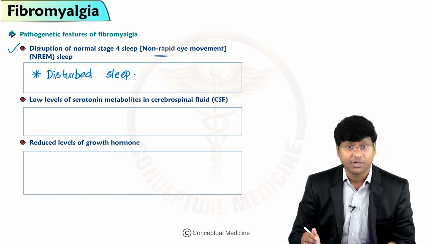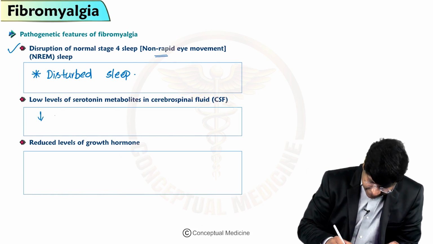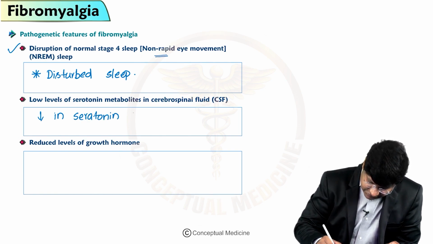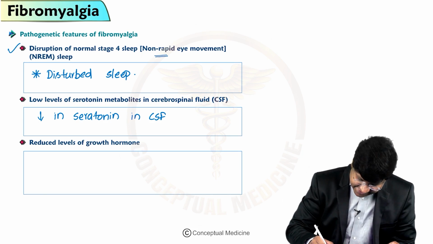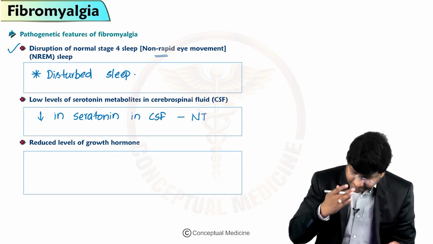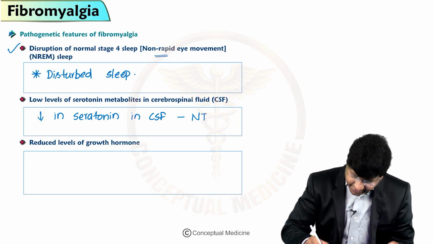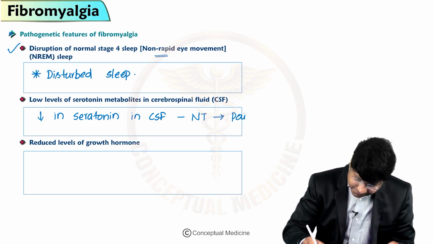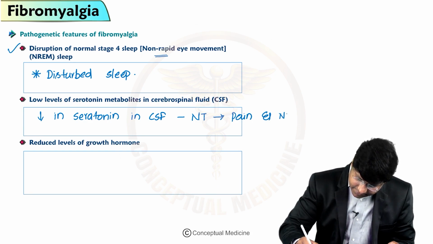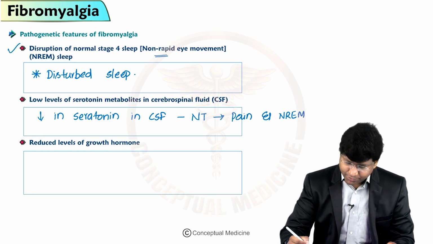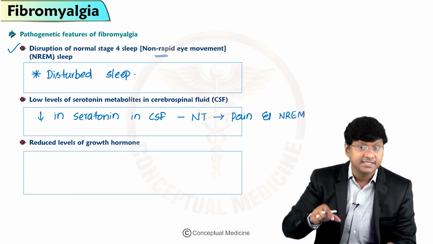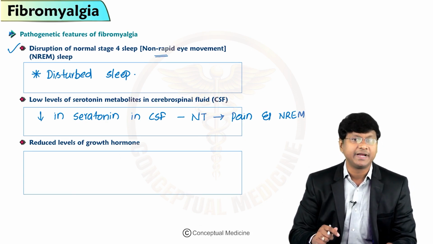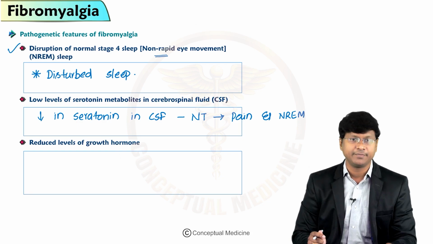So the other alternative theory is a decrease in serotonin in cerebrospinal fluid. Because of the decrease in the levels of serotonin, that also might be contributing to the pathogenesis of fibromyalgia.